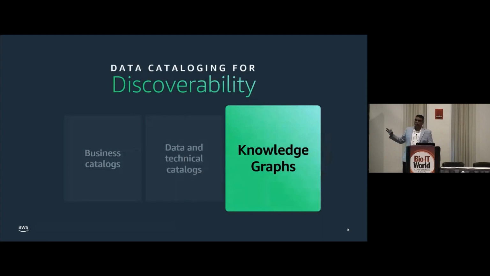So you may have heard of different ways and techniques for discovering data assets, clinical data products. These techniques are all the way across the spectrum of using a technical catalog or a data catalog to a business catalog and, of course, a knowledge graph. So data catalog, think of them like tables, columns, unstructured data, structured data, what have you.